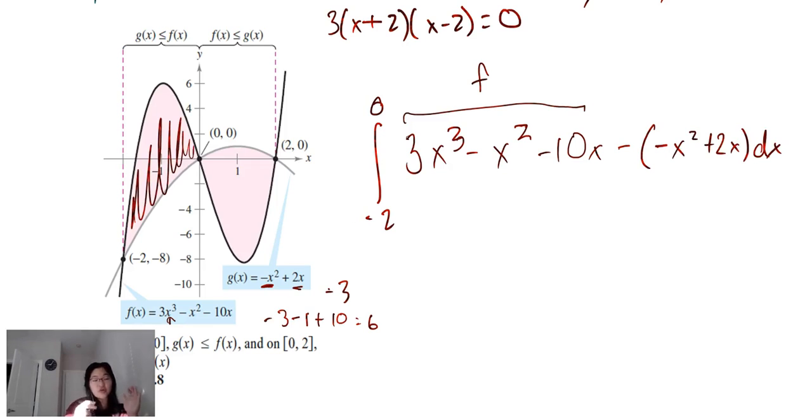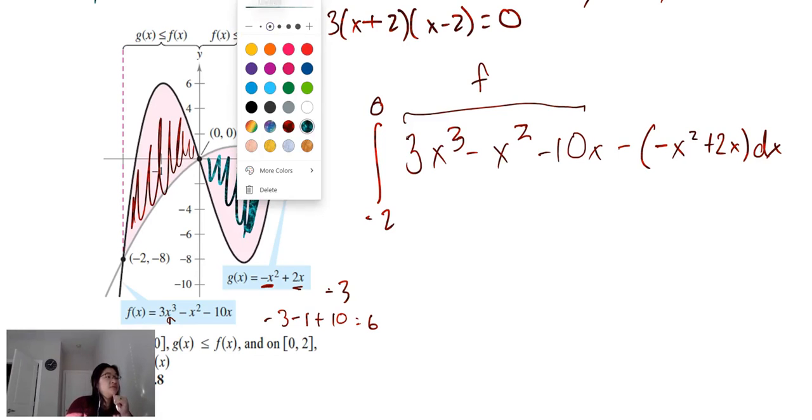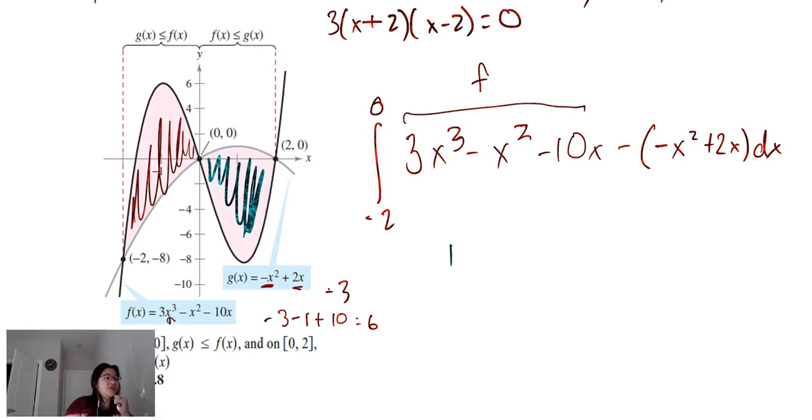But after we cross the origin, we're going to have a different region with a different upper function. Like our top function is going to switch. So from 0 to 2, our top function is going to be g of x. So we have negative x squared plus 2x minus our bottom function, which is f of x.